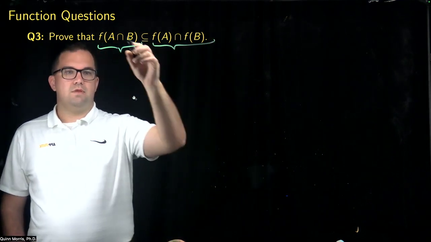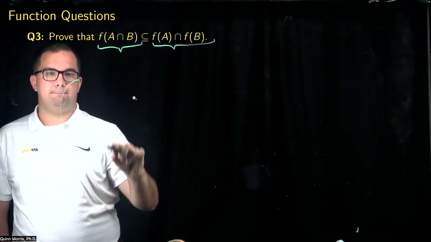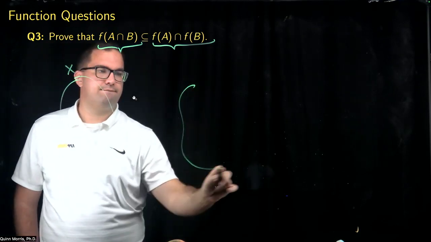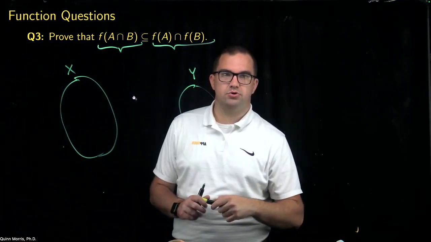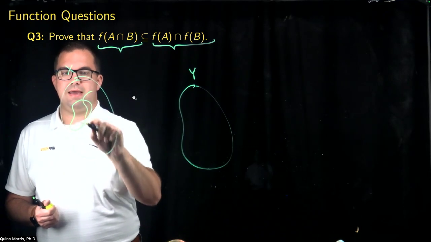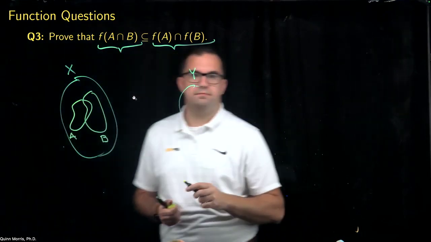Now, this is where drawing pictures can help. So here's my set X, here's my domain, here's my range. Let's assume I have some set A here and some set B here.